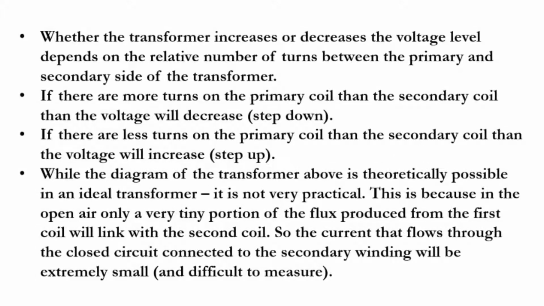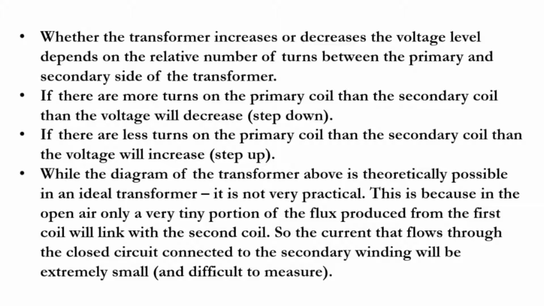Whether the transformer increases or decreases the voltage level depends on the relative number of turns between the primary and secondary side of the transformer. If there are more turns on the primary coil than the secondary coil, then the voltage will decrease. If there are fewer turns on the primary coil than the secondary coil, then the voltage will increase.